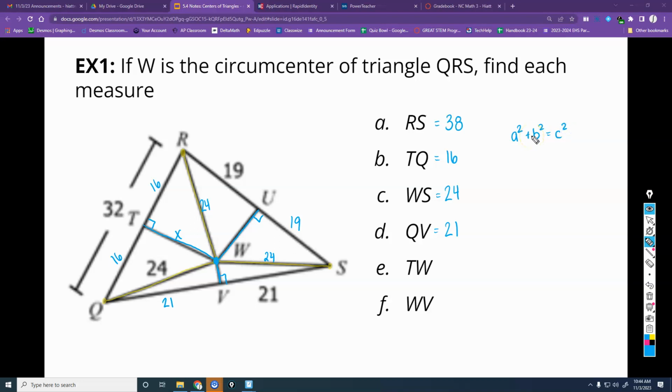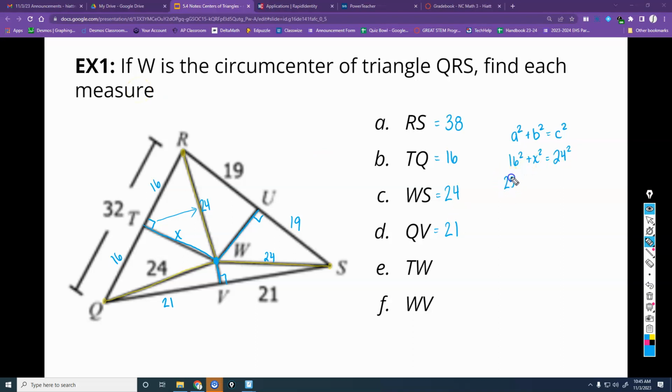Which side is my C there? The 24. It's always across from your right angle. It's your longest side across from your right angle. So you would have 16 squared plus x squared equals 24 squared.